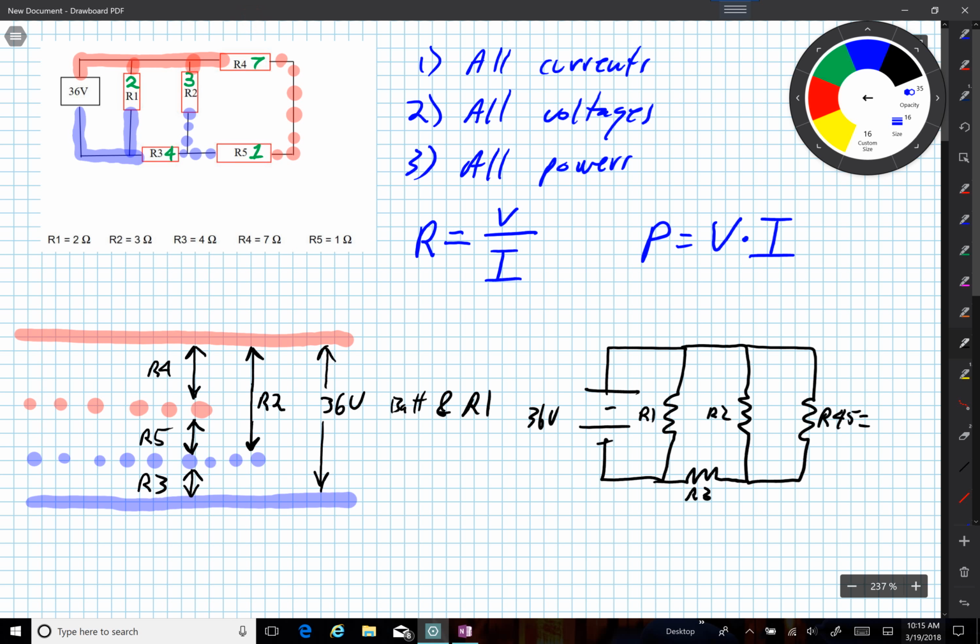R45 is an equivalent circuit of series, and in series I just add the resistors. So I have to add 4 and 5, so I have 8 ohms. So this is going to be 8 ohms.